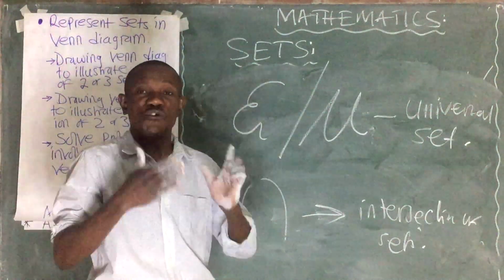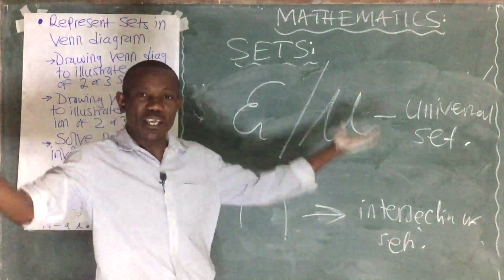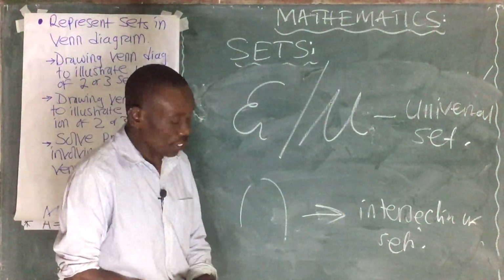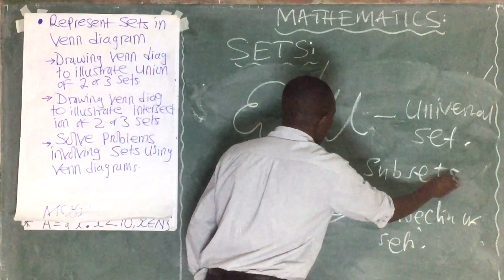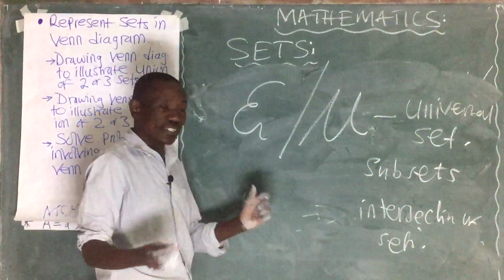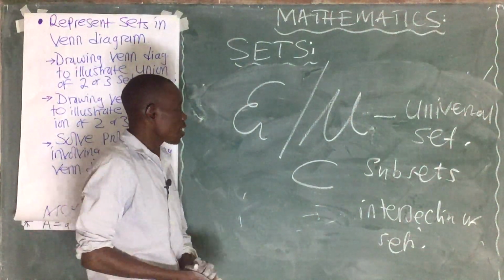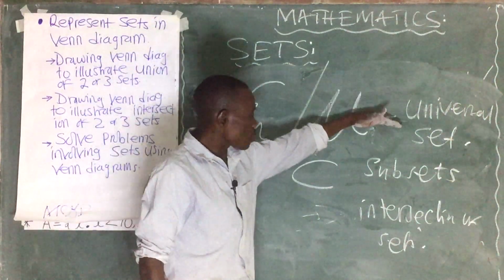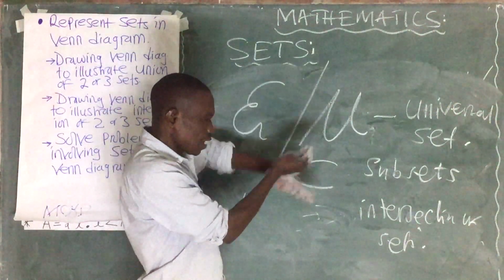That means universal. And the sets which can be made from that particular set, we define them as subsets. They have their own symbol that we'll be using each time we discuss sets, and it looks something like this. The subset and the universal set are always related.